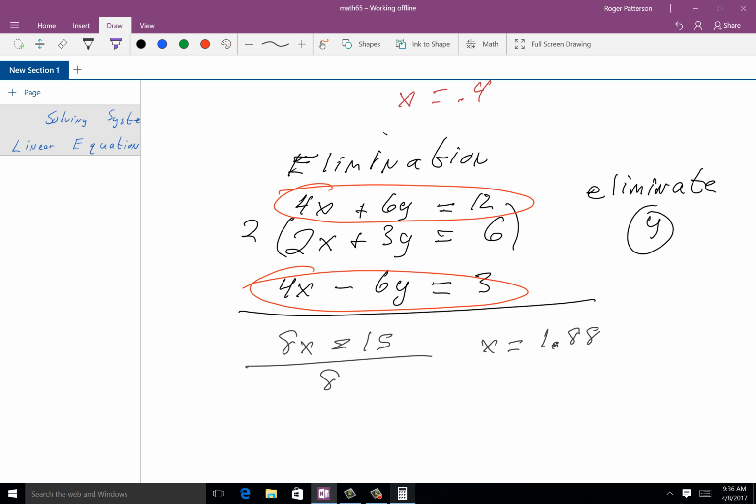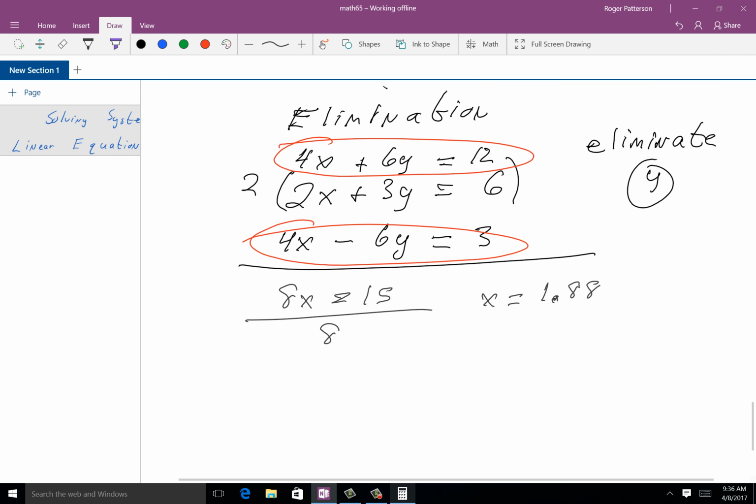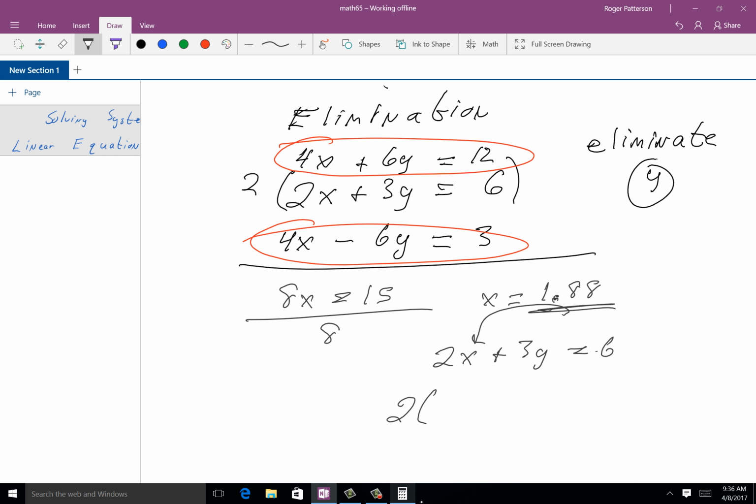These two are the same, and I can pick this one if I want to. Okay, so it really doesn't matter where you put it. I'm going to pick this 2x plus 3y one because the numbers are a little simpler, I think. So this 1.88 is going to drop down into there because it's x.